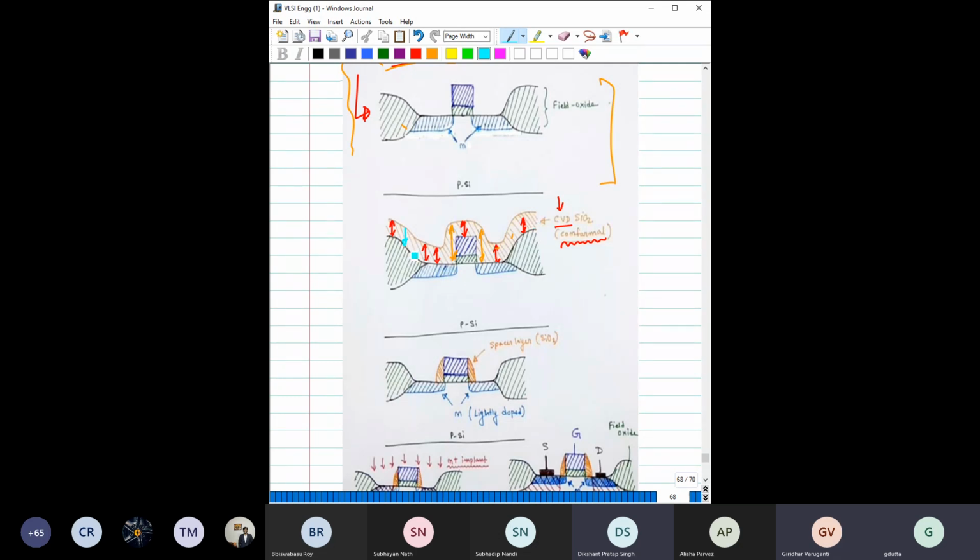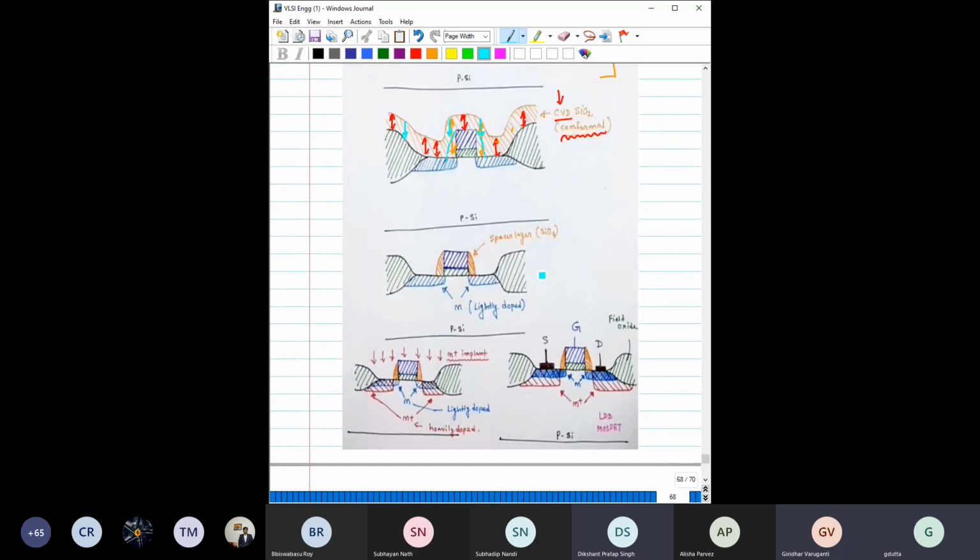But from the gate edge, where the thickness is higher, after etching you will be left with this much of oxide. This remaining oxide on the gate sides is called the spacer silicon dioxide. So now you have a structure like this, with the spacer layer on the sides.